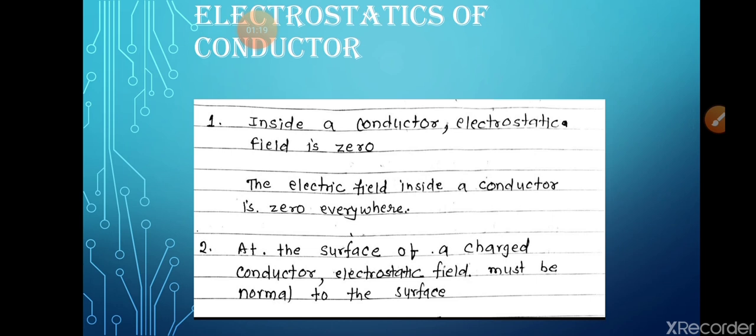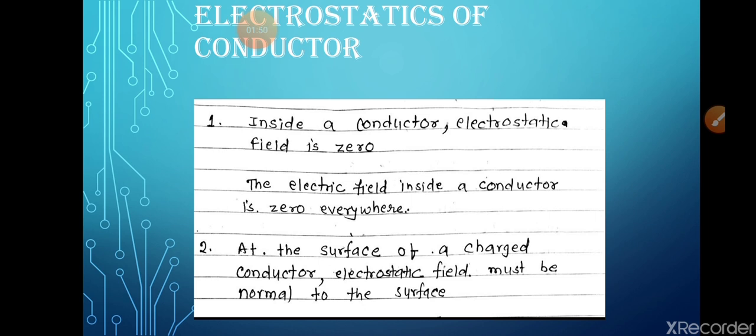Then the second property: at the surface of a charged conductor, the electric field must be normal to the surface. Under electrostatic condition, once the charges on a conductor are rearranged, the flow of charges stops.